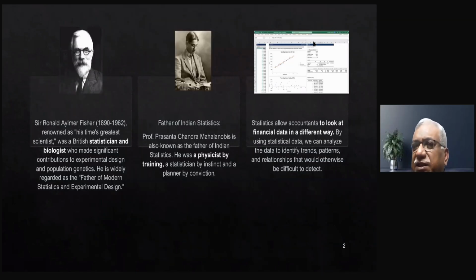Now, statistics by itself, we all know it's grown over a period of time. We have the international founder, the father of statistics, the local founder of statistics, and of course we have the adaptation of statistical methods and now machine learning also to the accountant, but basically it's finance.